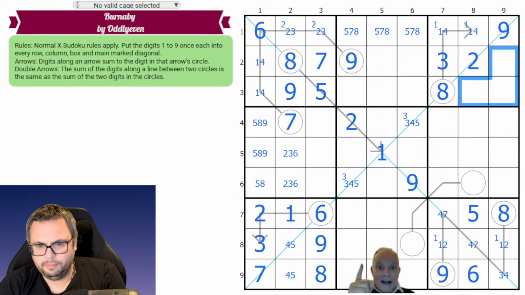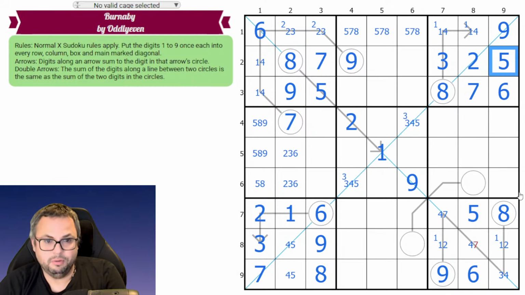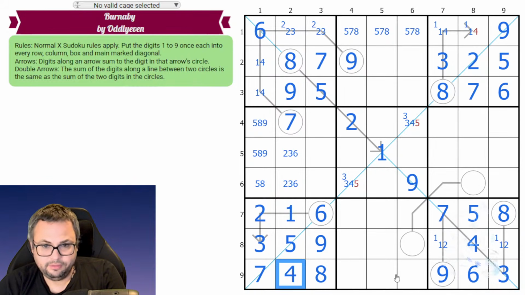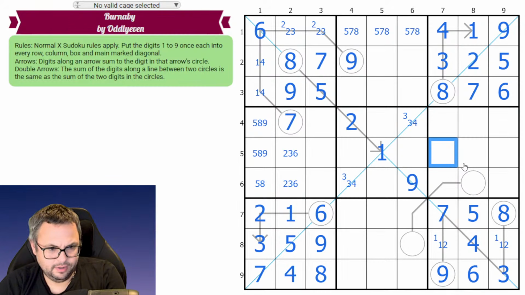What is this triple? Not 1 or 4. So these are actually all right-ins. So that actually makes those right-ins. Makes those right-ins. Makes these a 3 and a 4.